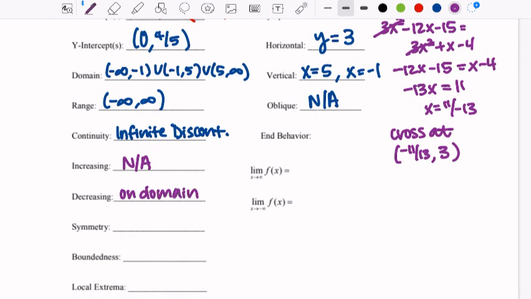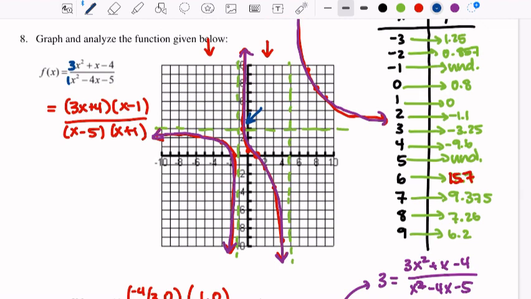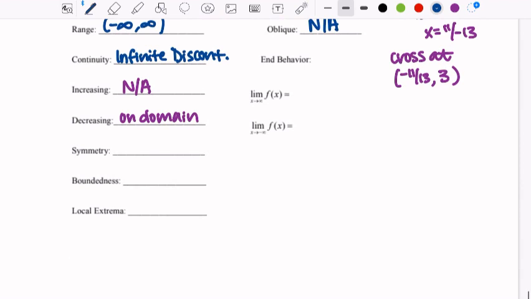Okay. Symmetry. Okay, let's get to that one. So our symmetry, looking at our graph, doesn't look very symmetrical. I mean, partially it does. However, if we want to test that symmetry just to be sure that it doesn't have any specific type of symmetry, we can do the algebraic test. Okay, remember that algebraic test is going to say what happens when I plug in -x. So doing that, I'm going to have 3 times (-x) squared plus negative x minus 4.